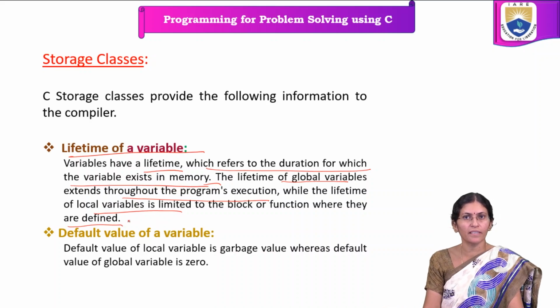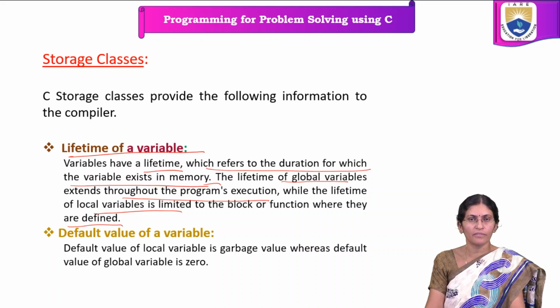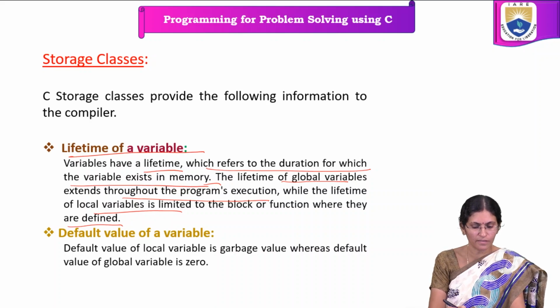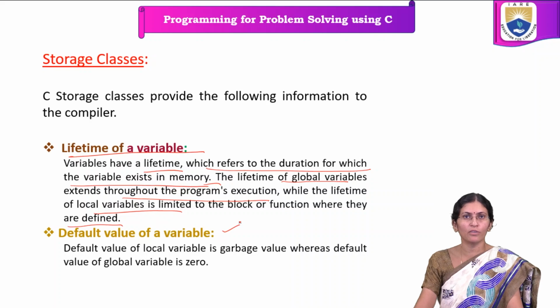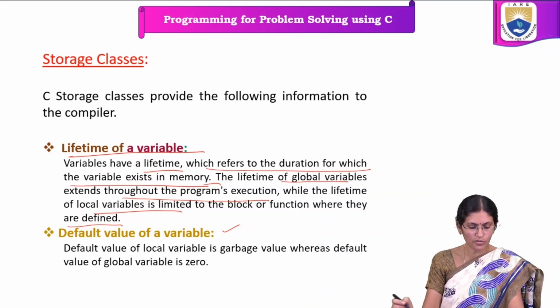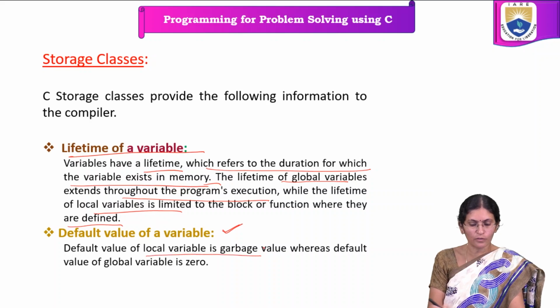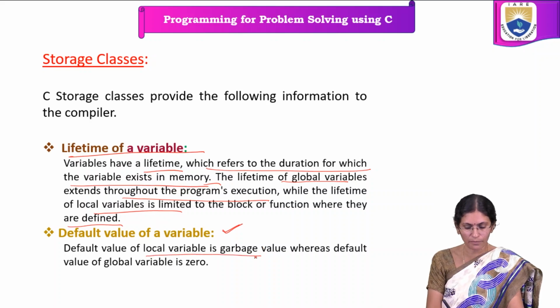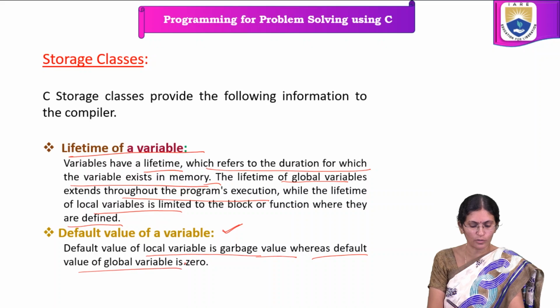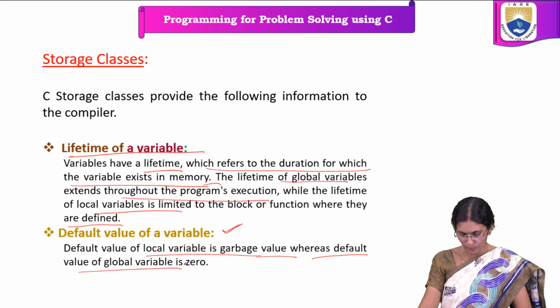In short, it is till where the variable is alive. Next, another feature is the default value of a variable. Depending upon the storage class, the default value is decided. The default value of a local variable is a garbage value, whereas the default value of a global variable is 0.